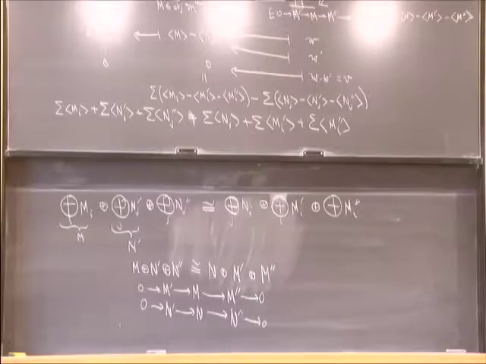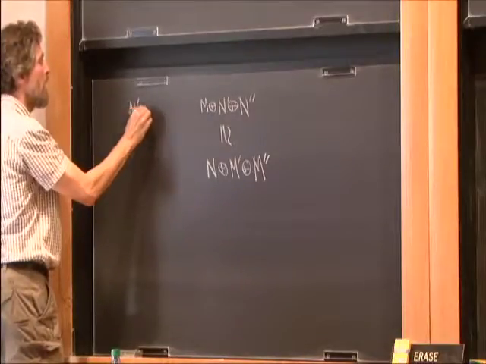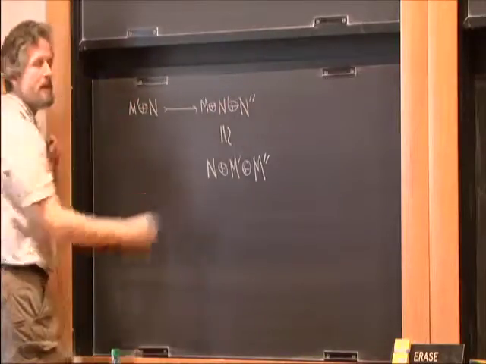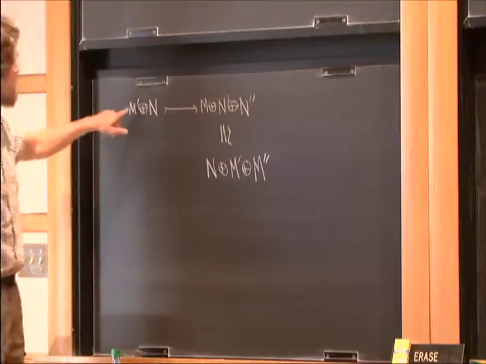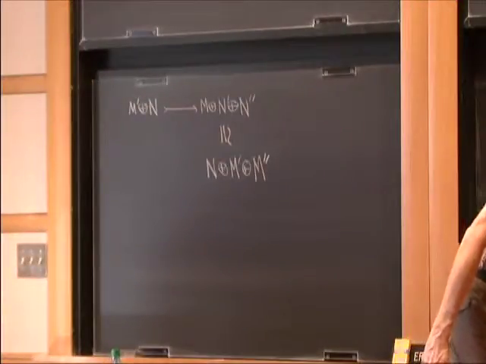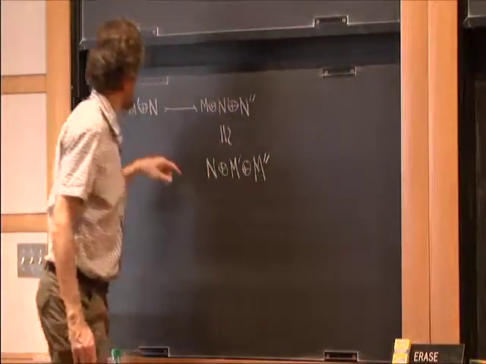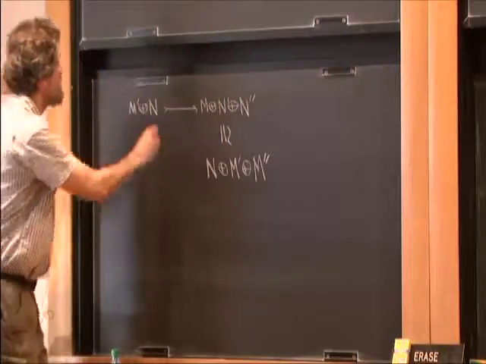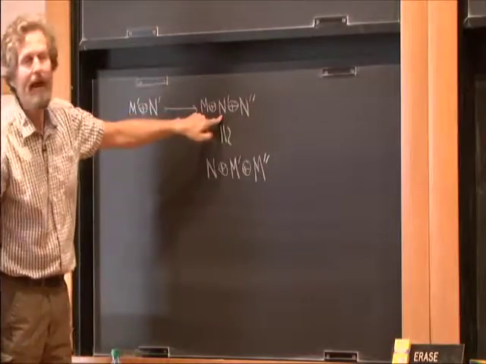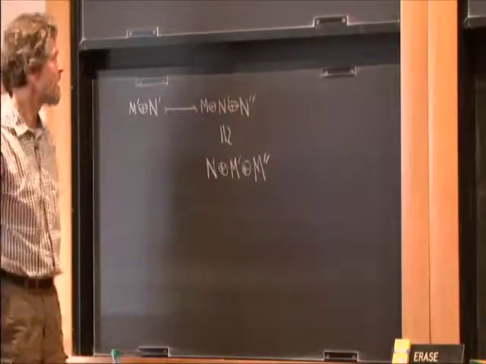So those are isomorphic, and there's sort of an obvious way to embed M prime plus N prime as a subobject of this guy. What you do is you embed the M prime into M using this inclusion here. And there's supposed to be a prime here. And you embed the N prime onto that factor, which is equal to n prime.